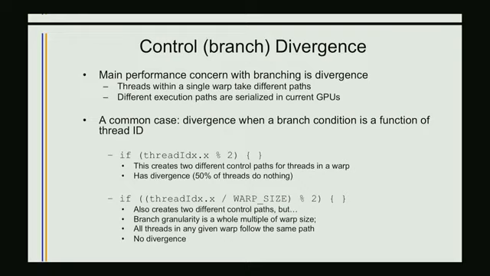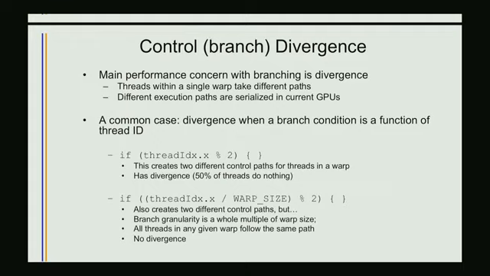I'll give you an example. Let's say in our code we put thread index x mod 2. Then every odd thread will execute whatever is in the brackets, and every even thread won't. That's just what that logic says.